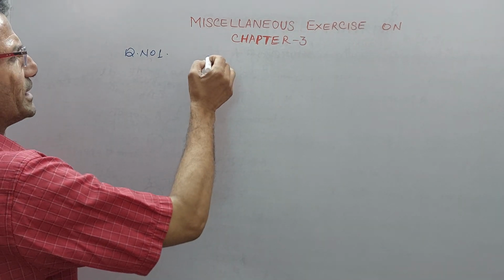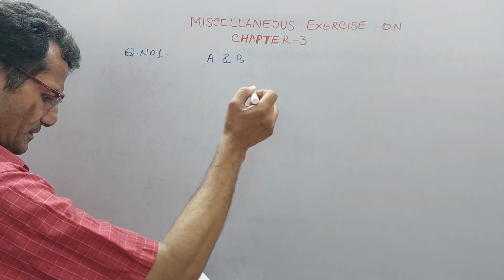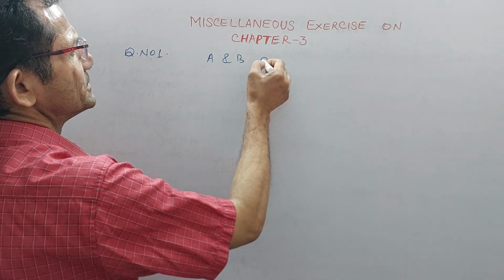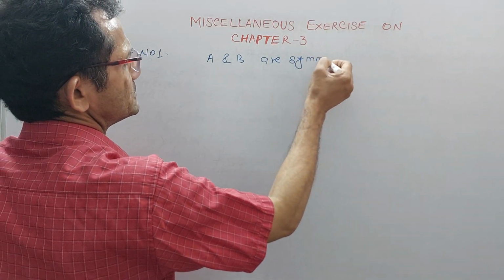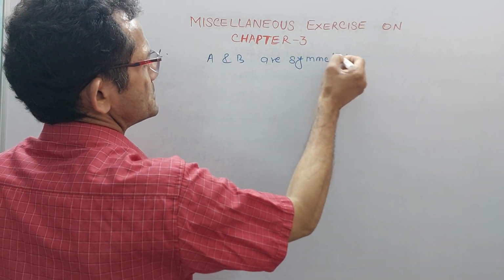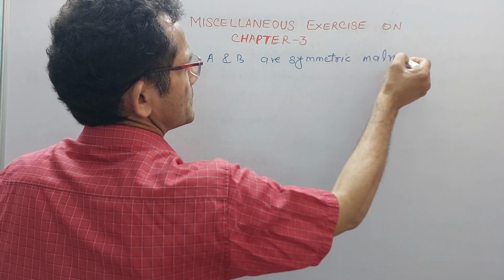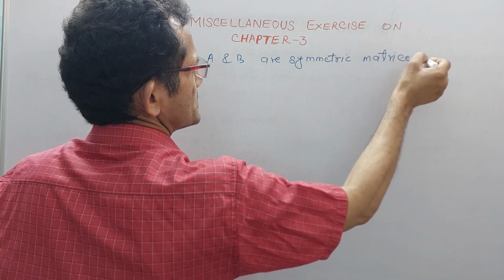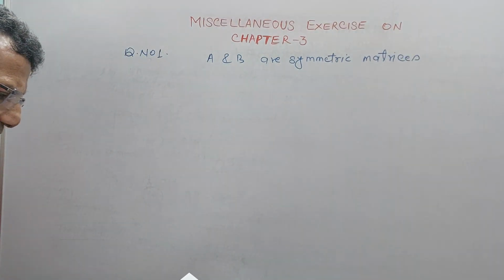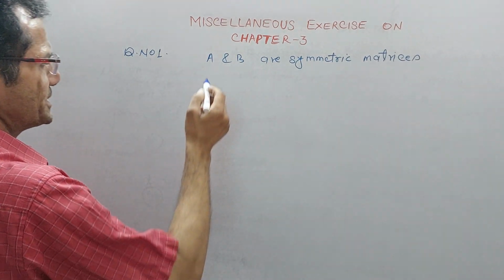So it is given that A and B are symmetric matrices. We have to prove that AB minus BA is a skew symmetric matrix.